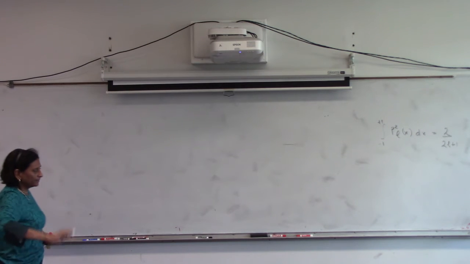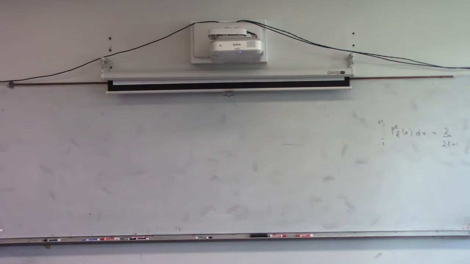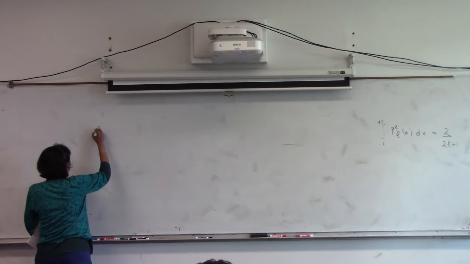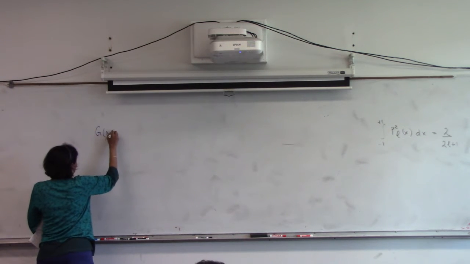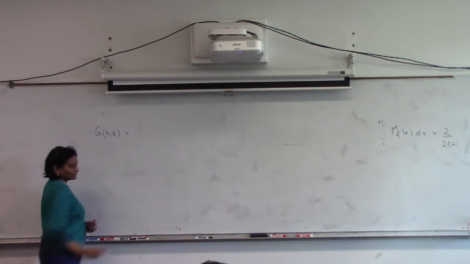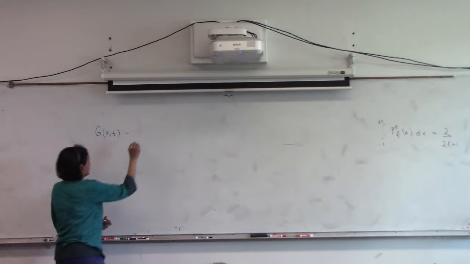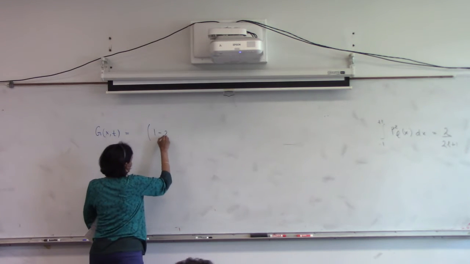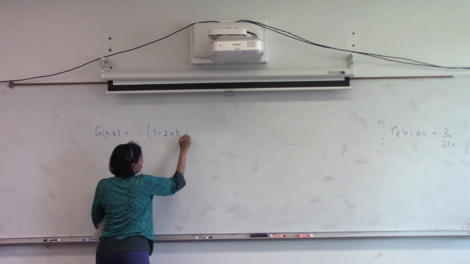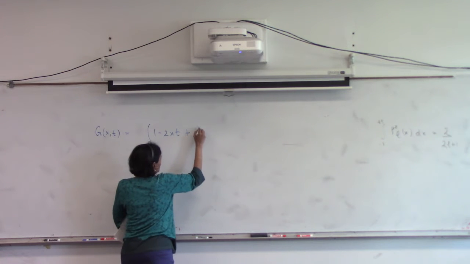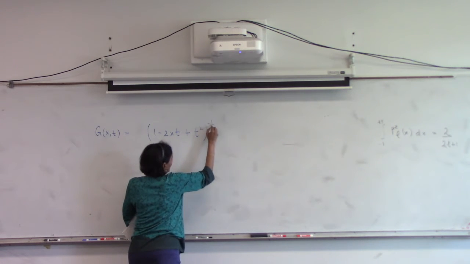So for this, I'm going to go back to our generating function method that we used last time. The generating function for Legendre polynomials is (1 minus 2xt plus t squared) to the power of negative half.